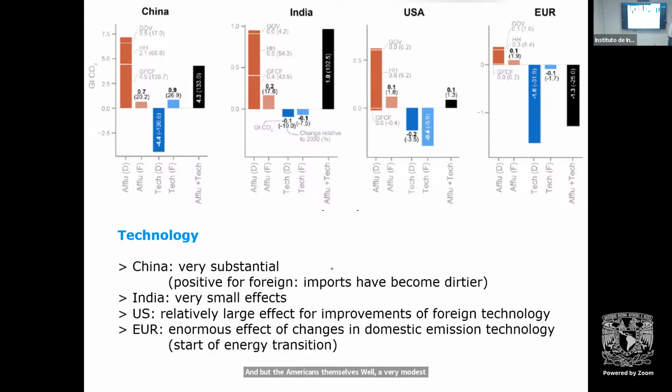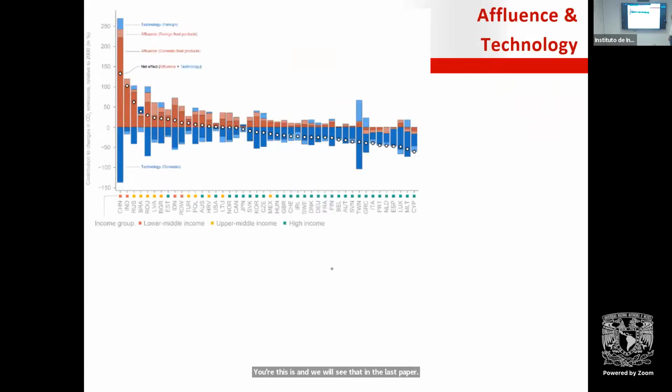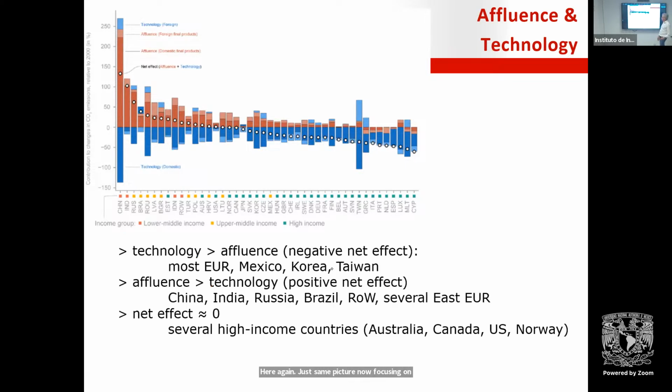In Europe, and we will see that in the last paper, this is the start of the energy transition. Here again, the same picture now focusing on affluence and technology again.